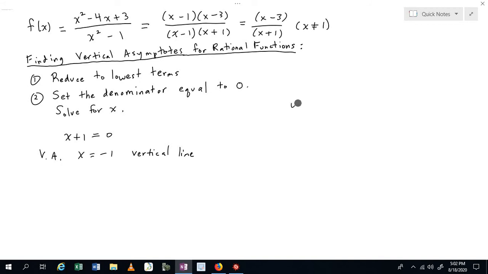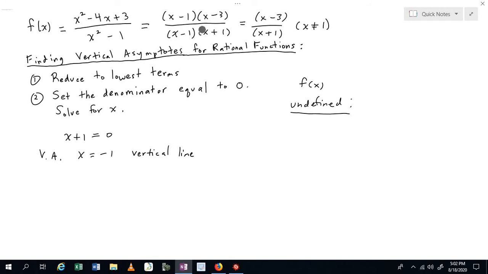Now, one thing I want to point out is, let's say you wanted to find out where f of x was undefined. That's a different question than locating the vertical asymptotes. Where's this function undefined?